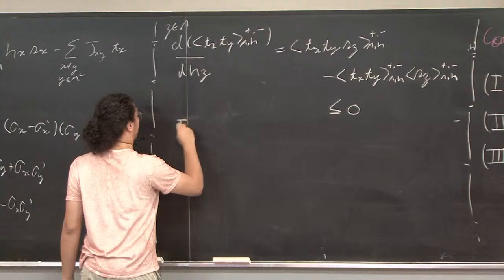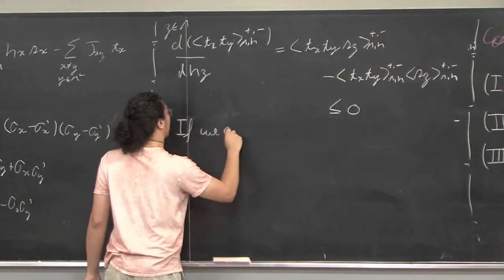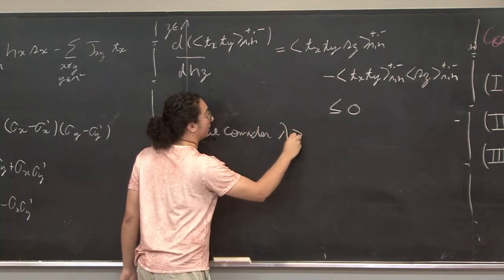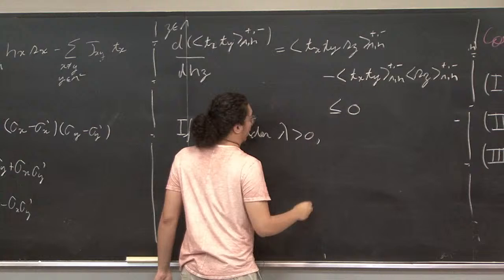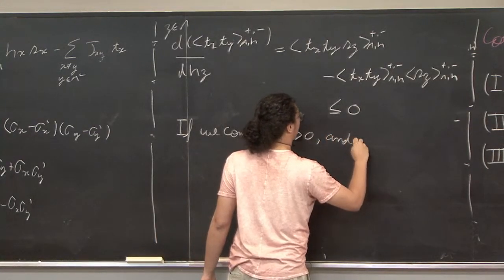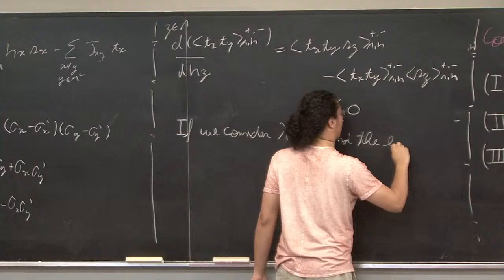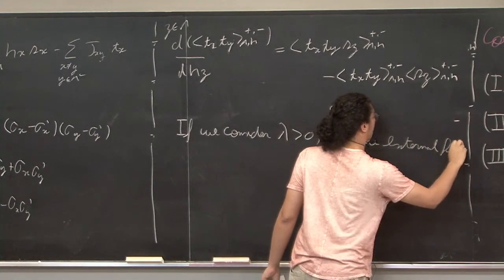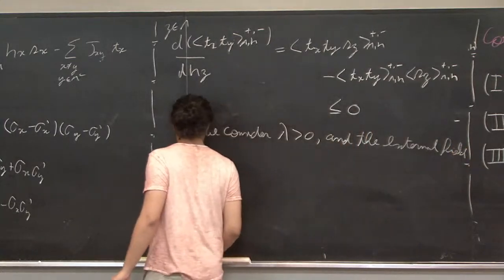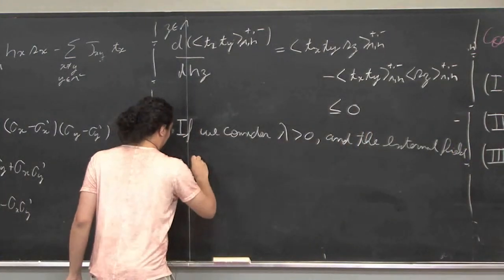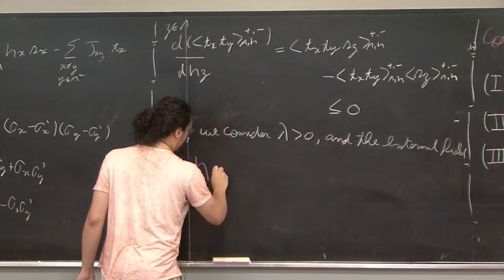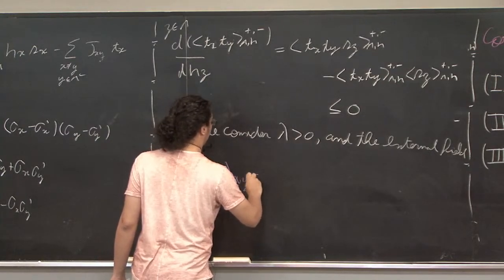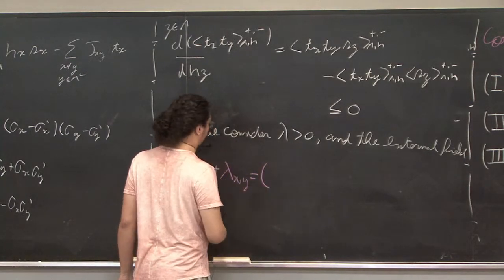So if we consider some lambda positive in the external field, the name of the external field is going to be h plus lambda x and y. Not a good name, but a useful one. How is this external field defined?